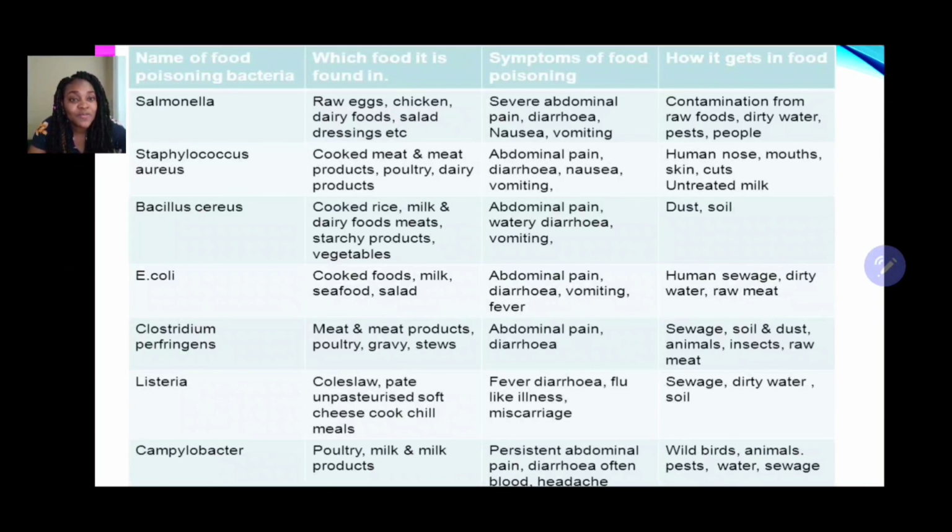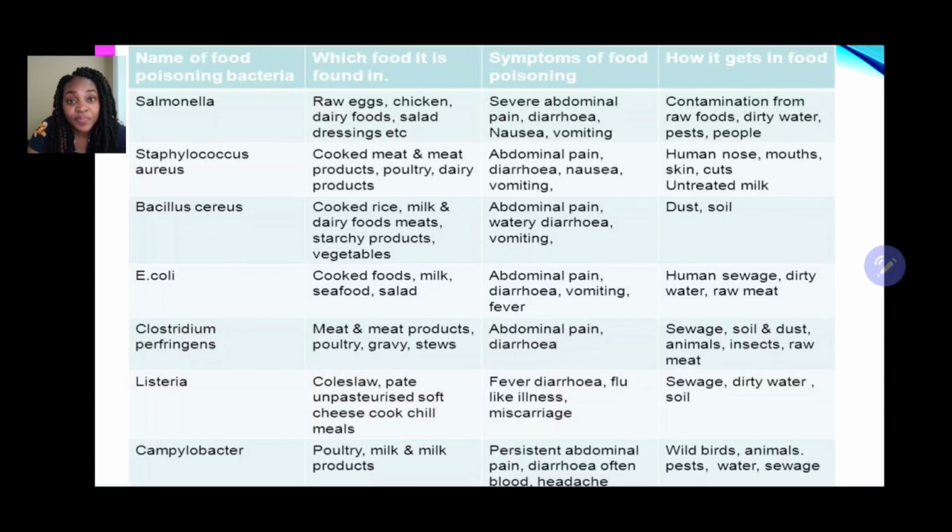Now, symptoms of food poisoning: severe abdominal pain, diarrhea, nausea, vomiting. How does it get into food? Contamination from raw foods, dirty water, pests, or even people transporting these, right? So that is why it is very important for us to cook at the correct temperature, so we can kill and prevent these bacteria from contaminating food.